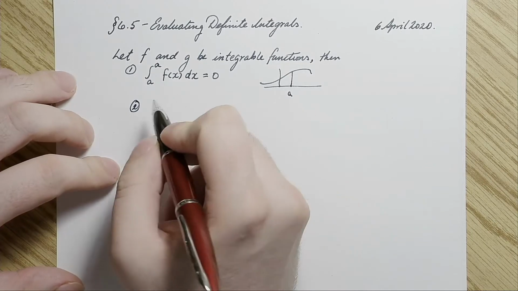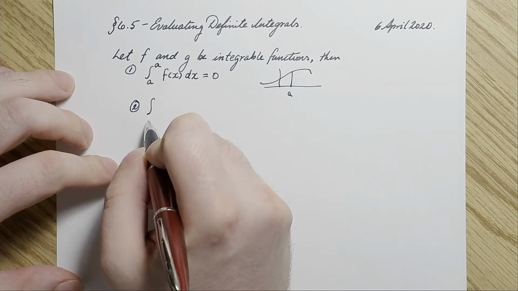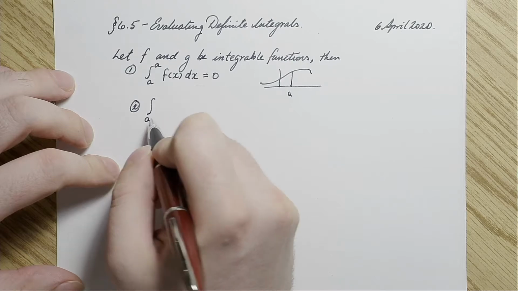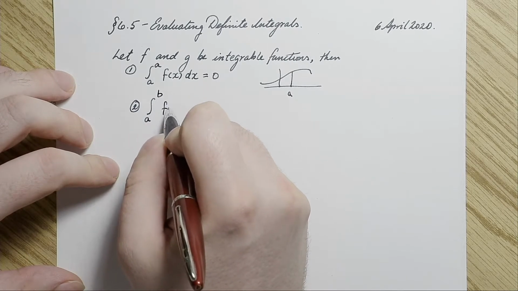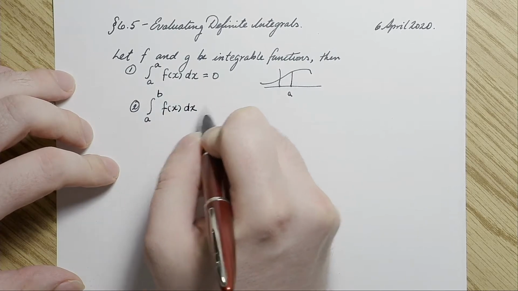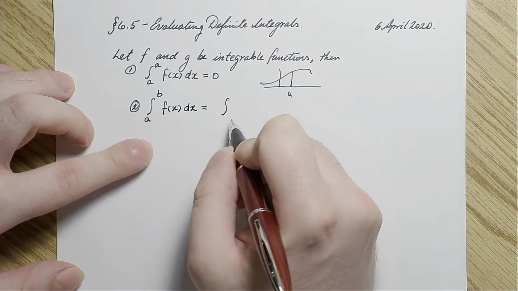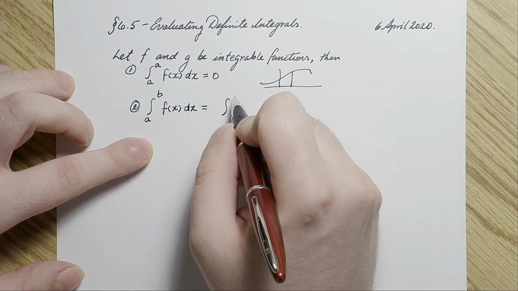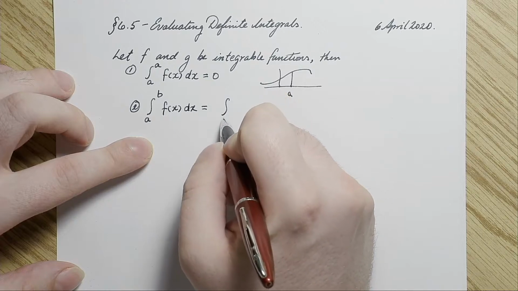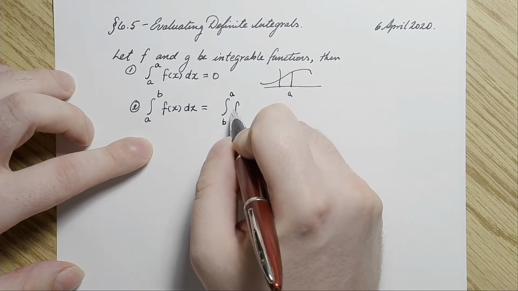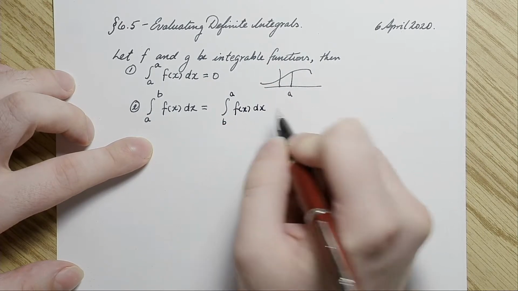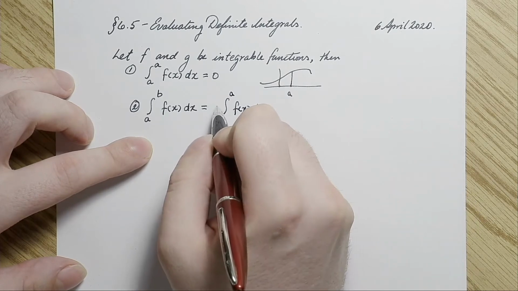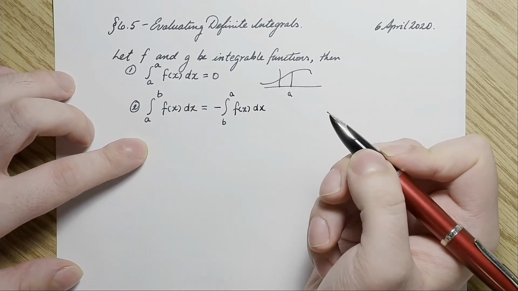For number 2, if I have the integral from a to b of f of x dx, and I change the order of the limits, so I go from b to a instead, that essentially flips the value, so it becomes a negative.